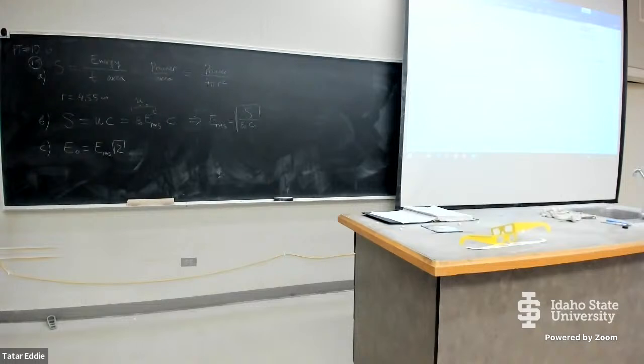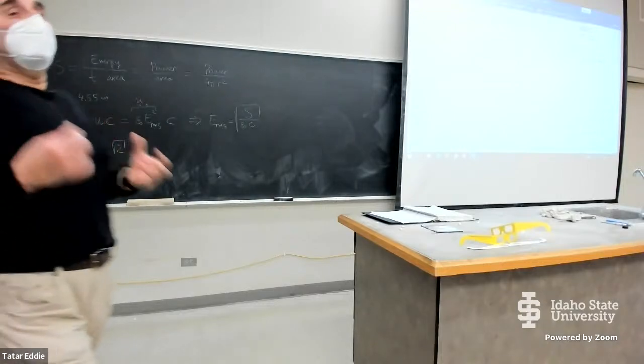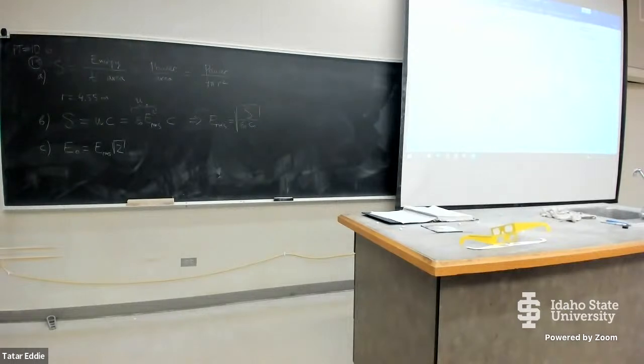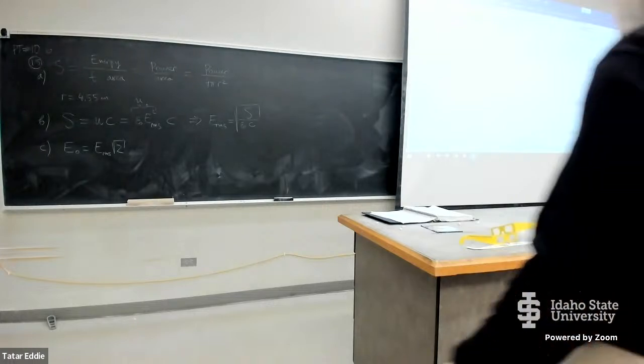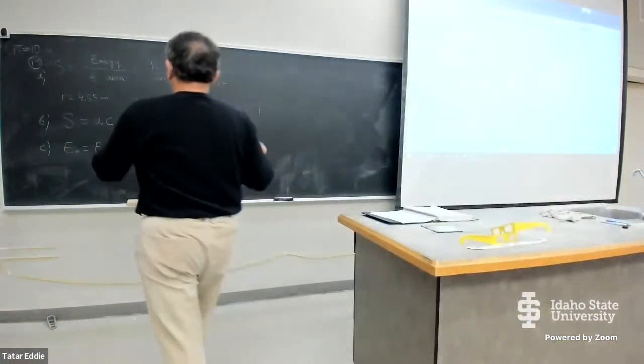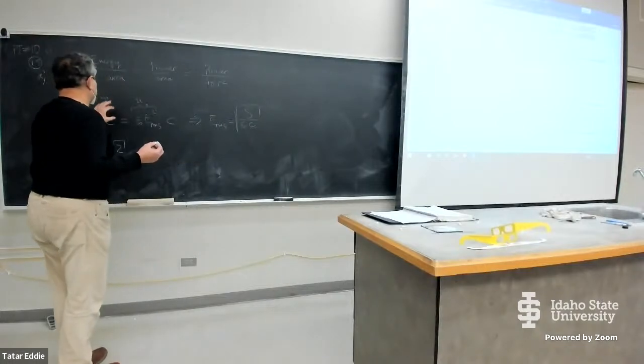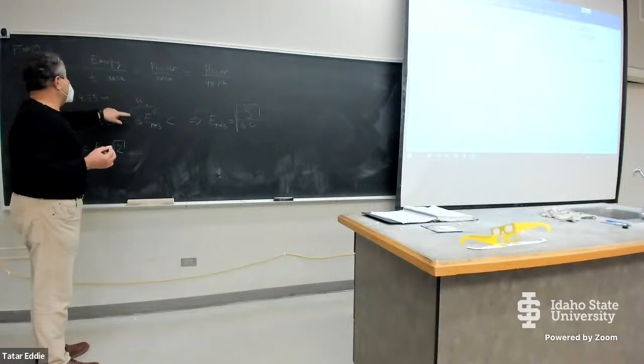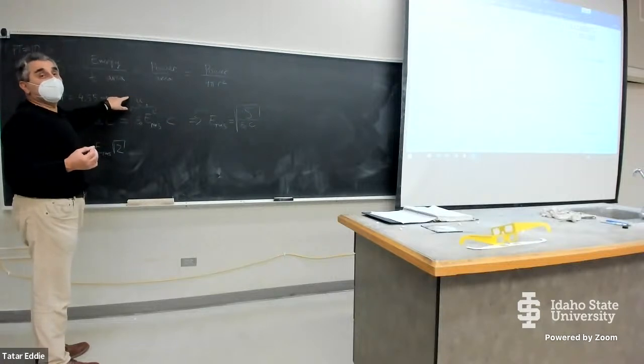Now, in this problem, they could equally well have asked you about RMS value of the magnetic field of the light. And to find it, you just have to remember that the volume energy density can be also expressed in terms of magnetic field.